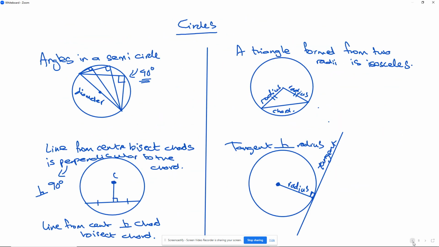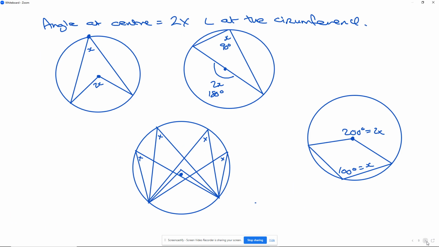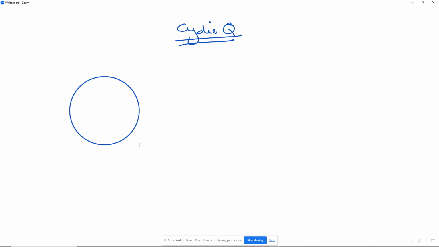Okay. There's also cyclic quads as well. So cyclic quads is also part of circles. We'll just quickly touch on that. Cyclic quads is when you actually have a quadrilateral inside a circle.